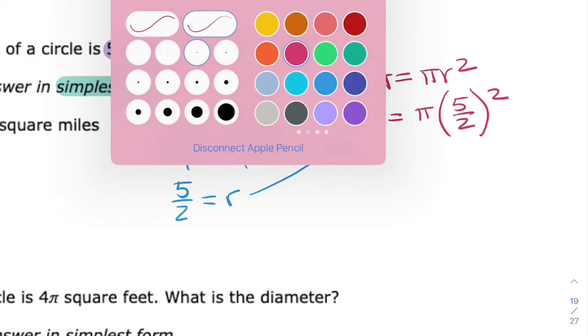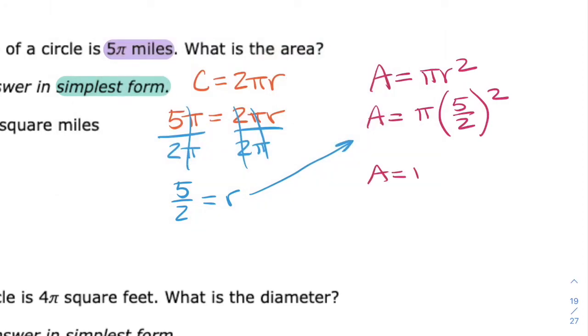Now, 5 times 5 is 25. 2 times 2 is 4. So I'm going to get 25 over 4. And this will end up being miles squared, because when we reduce it we get miles, and then we'll be squaring it to get miles squared.